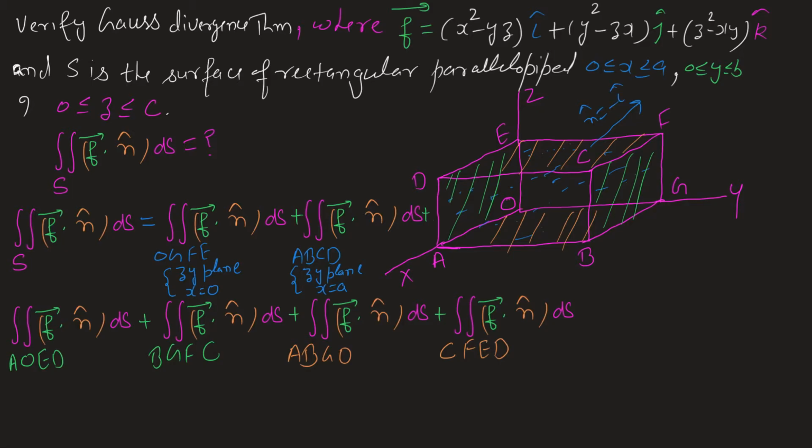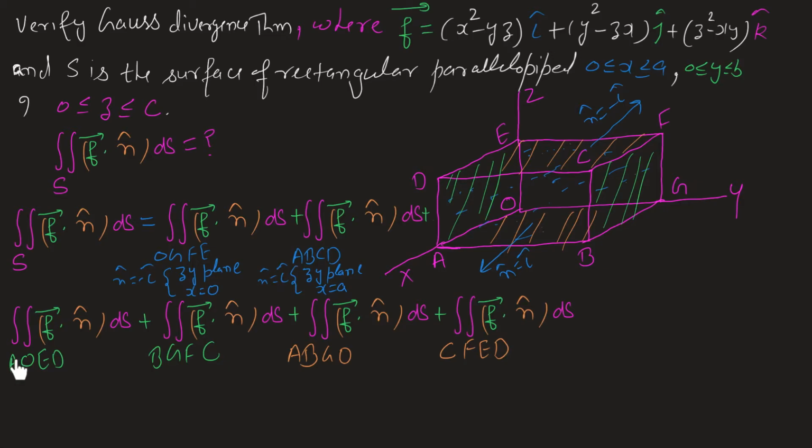So over this face n cap is equal to minus i cap, and over this particular face the outward unit normal will be like that, and n cap will be i cap. So these are the two planes that we have dealt with, both the ZY plane, and we have written them together.